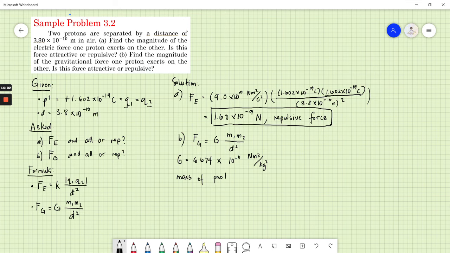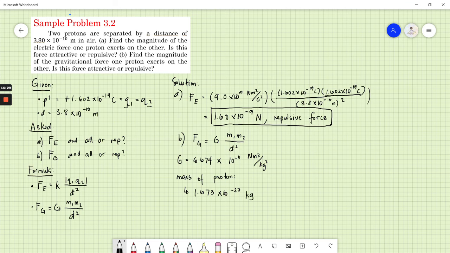This is another thing that I want you guys to remember. If the last time I want you guys to remember the value of the charges of proton and electron, now what I want you guys to remember is the mass of proton. The mass of protons is actually equivalent to 1.673 times 10 raised to negative 27 kilograms.